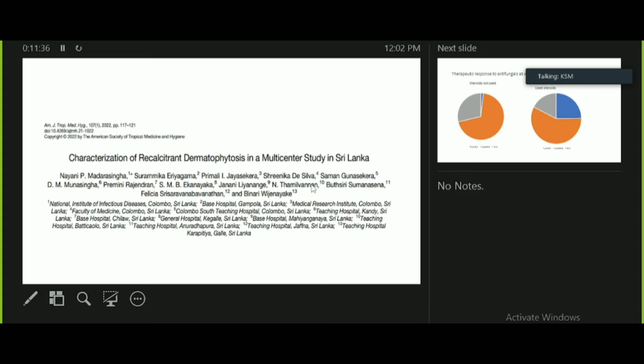So to further understand these causes of recalcitrant disease, a group of dermatologists designed a study involving all 9 provinces of Sri Lanka, and this was published in the American Journal of Tropical Medicine. And interestingly, your hospital is also included in this study.